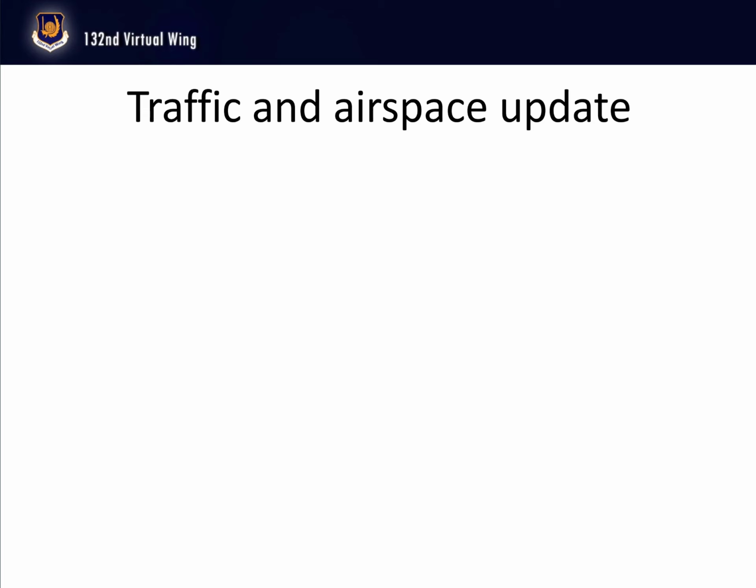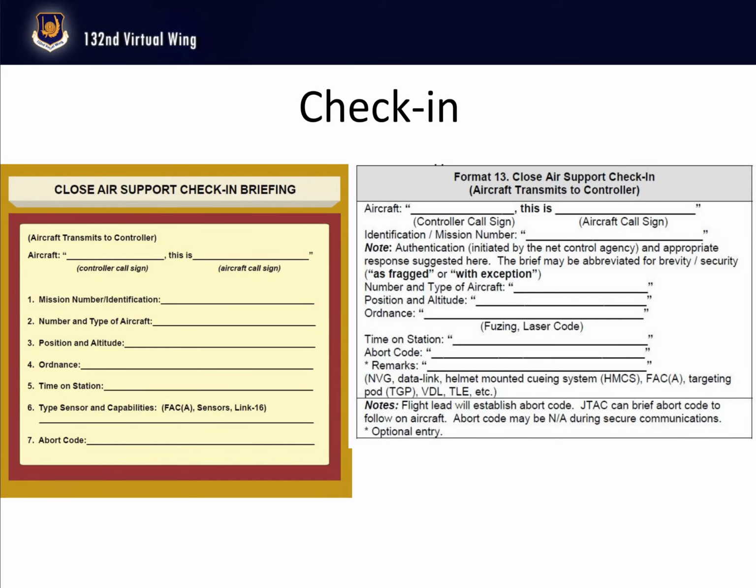Okay, the check-in. This is an example of the formats we use for the check-in brief. I remind you the check-in is the way for you, the CAS flight, to let the JTAC know who you are and how you can help him.